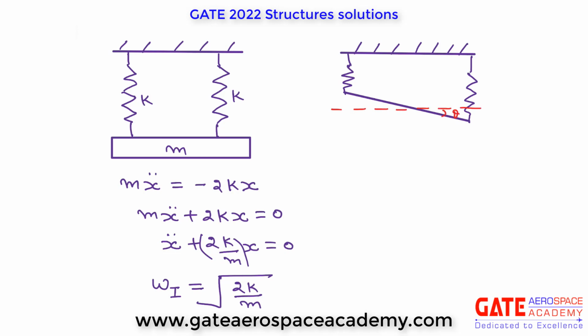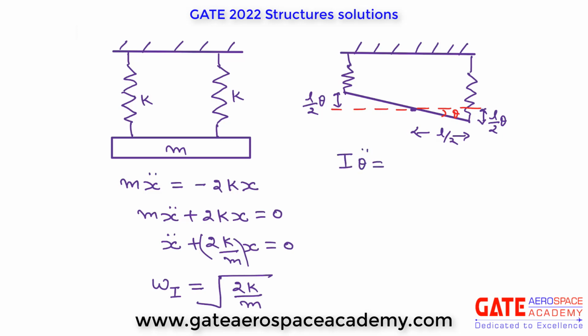Let's say this is θ, and this is L by 2. So the extension of the spring will be L by 2 into θ for the small angle approximation, correct? Here the compression of the spring will be L by 2 into θ, correct? So let's write the equation of motion.